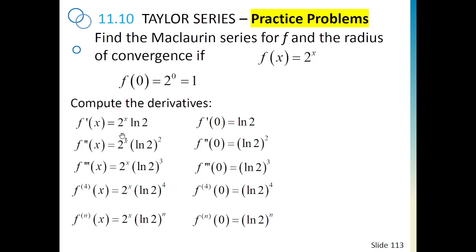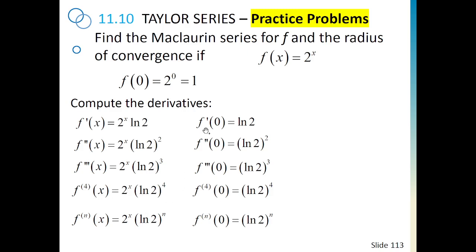We need to remember the derivative of 2^x is 2^x ln 2, and then the second derivative, obviously ln 2 is a constant, so we again differentiate 2^x, which is 2^x ln 2, so times ln 2, that's why we have square. So you see all the successive derivatives, the only difference is that the power of ln 2 keeps increasing in lockstep with the derivative. So that's important to have the general term for the derivative, the shape of the derivative.